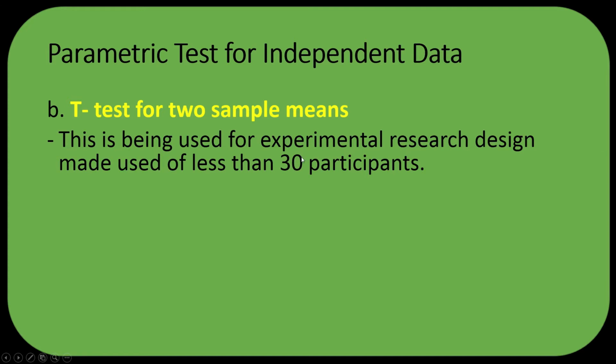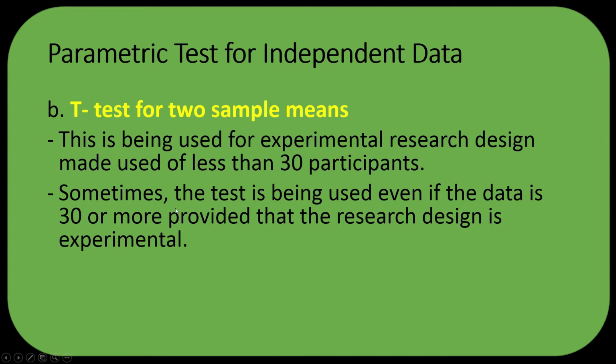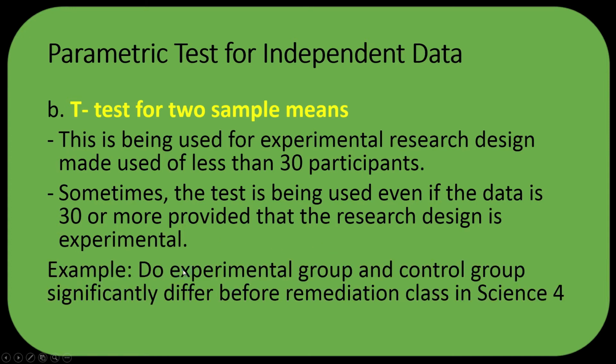This is used for experimental research design with less than 30 participants. Sometimes the test is used even if the data is 30 or more, provided that the research design is experimental. Example, do experimental group and control group significantly differ before remediation class in Science 4? Okay, so that would be the t-test for two sample means.